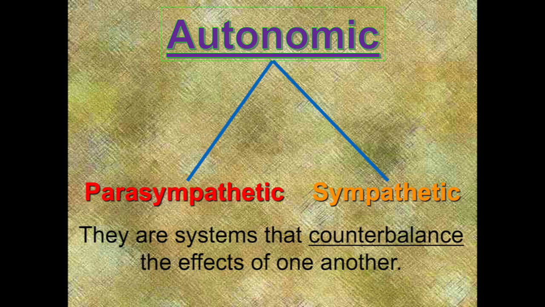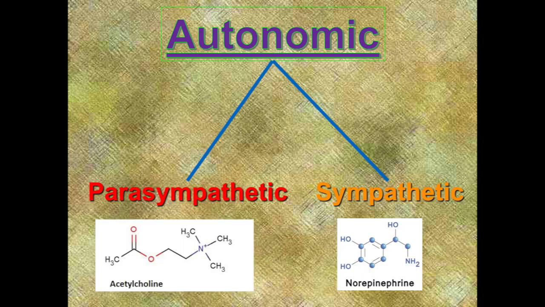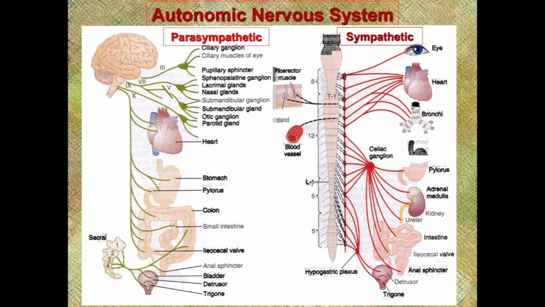Recall the autonomic nervous system, the parasympathetic and the sympathetic side, that balance each other. Know that the neurotransmitter on the parasympathetic side is acetylcholine, and on the sympathetic side it is norepinephrine, and that they have two different anatomies, but they innervate the same organs and counterbalance each other.